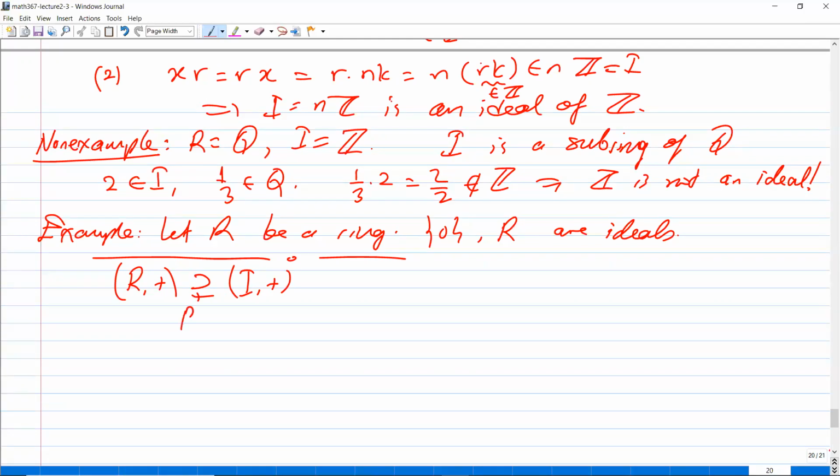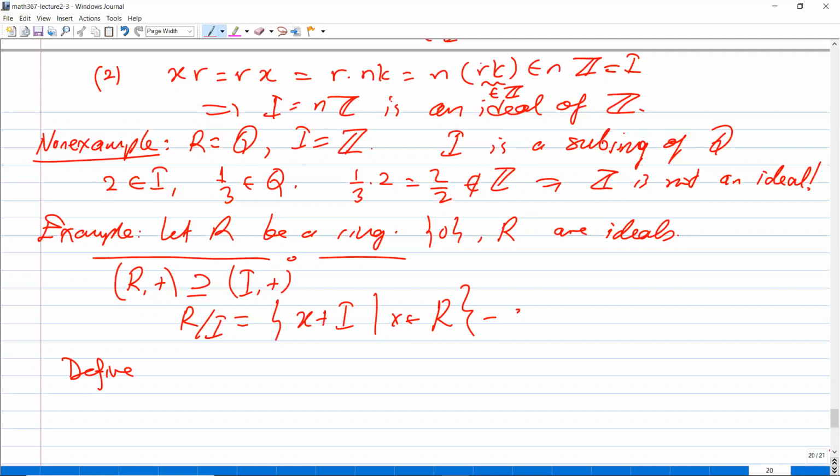So we can look at the left cosets of I, which are x plus I, such that x is in R. So we look at the set of left cosets.